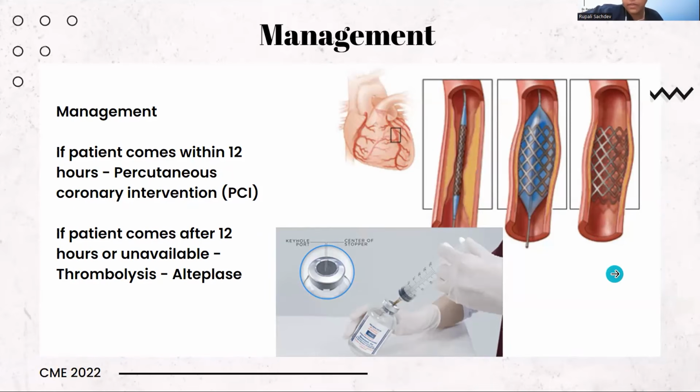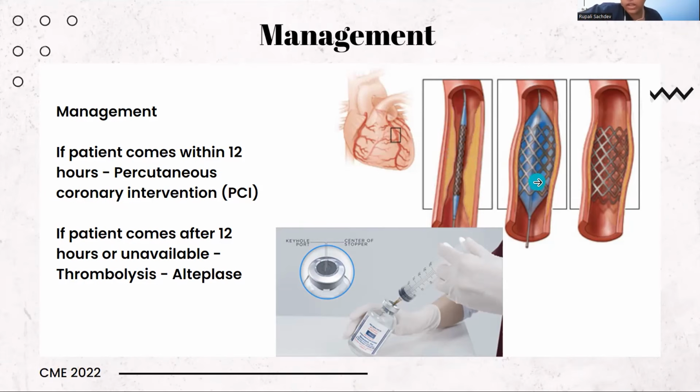What do we do? We'll insert a device, okay, percutaneous, very minimally invasive. We'll go to that vessel, which we located using the ECG and obviously using echo and further. But suppose you know it's this here, you go in, you break the clot, right?